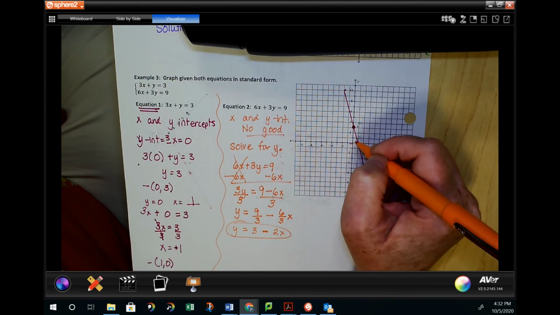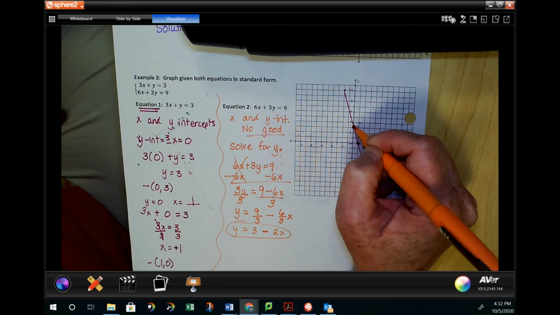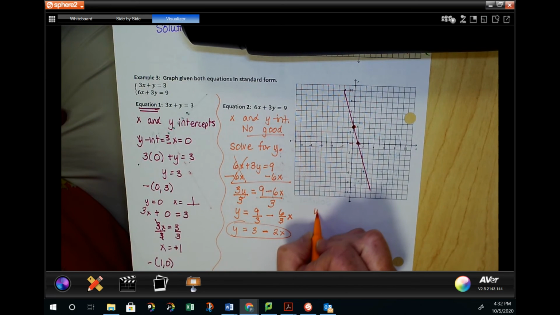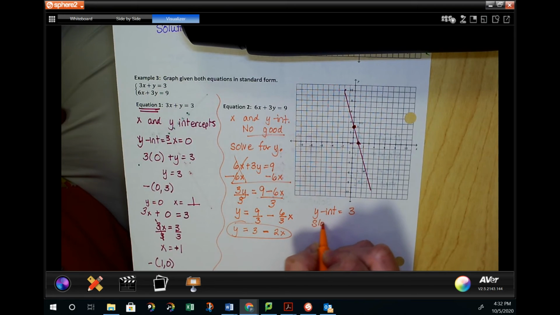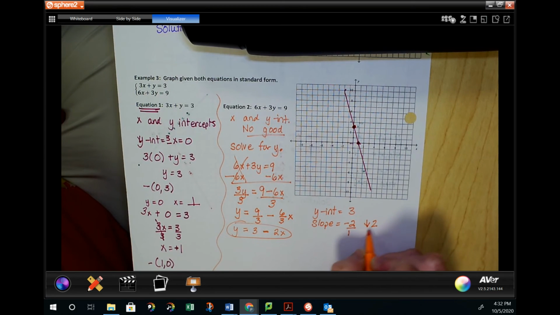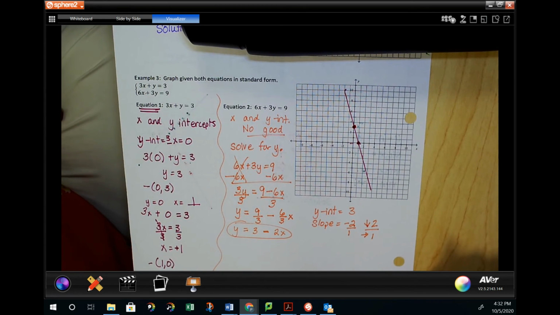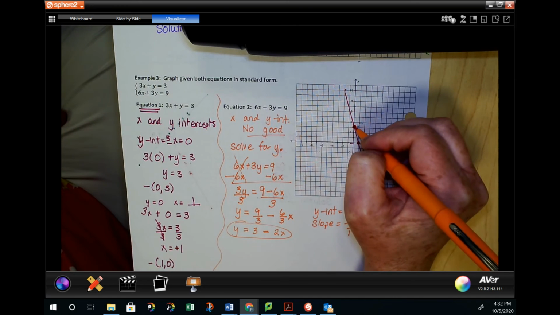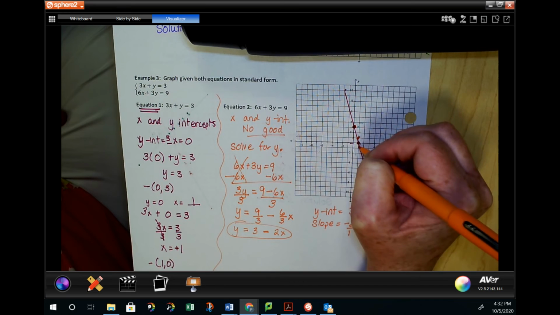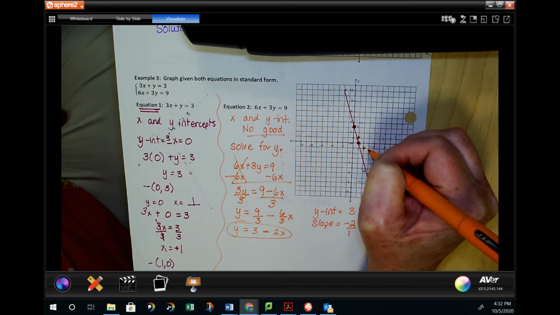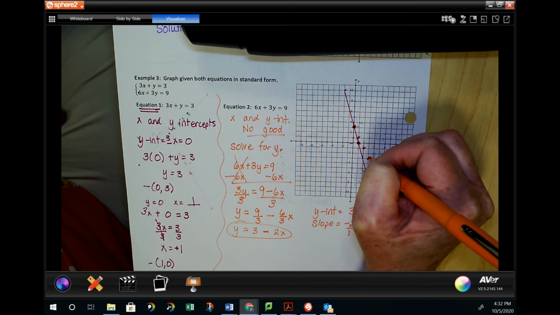So I'm going to go to my y-intercept, 1, 2, 3. My y-intercept is 3, and my slope in this case is negative 2 over 1. That means I'm going to go down 2 and to the right 1. So I start at 3, and I go down 2, right 1, down 2, right 1, down 2, right 1.